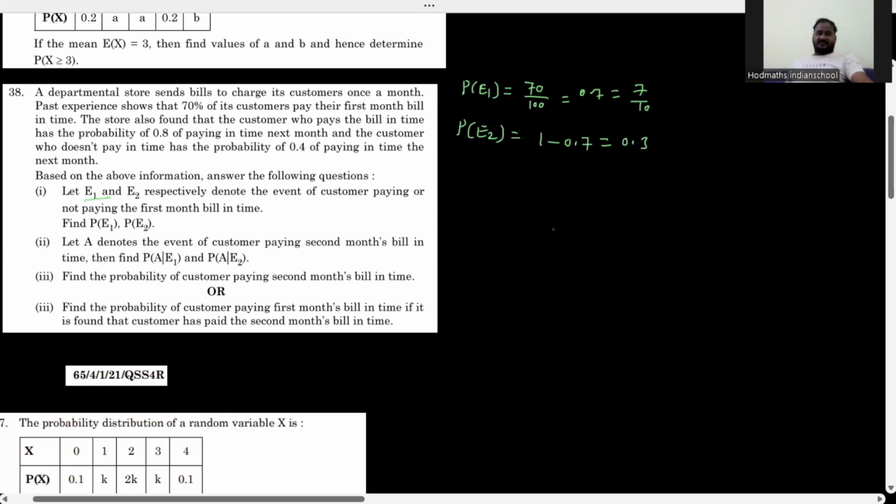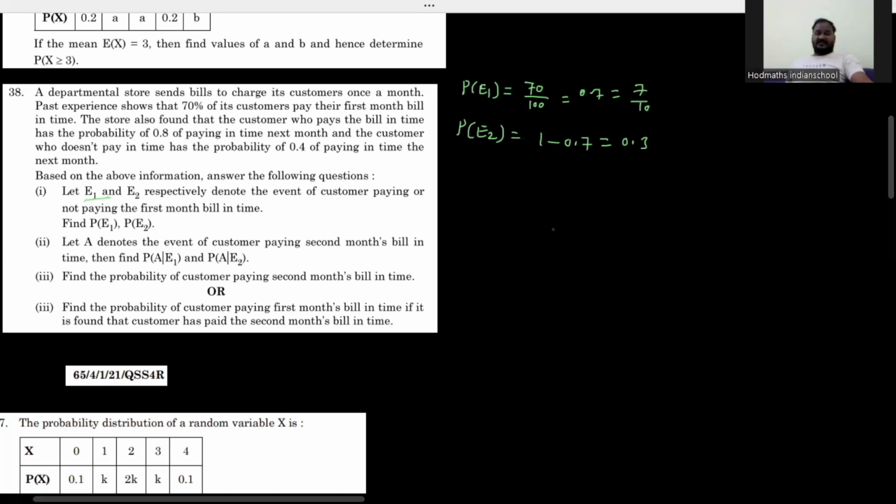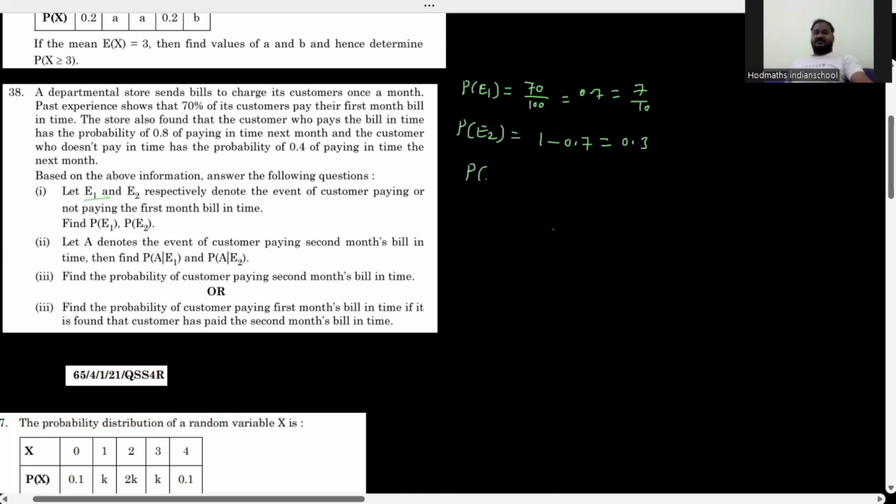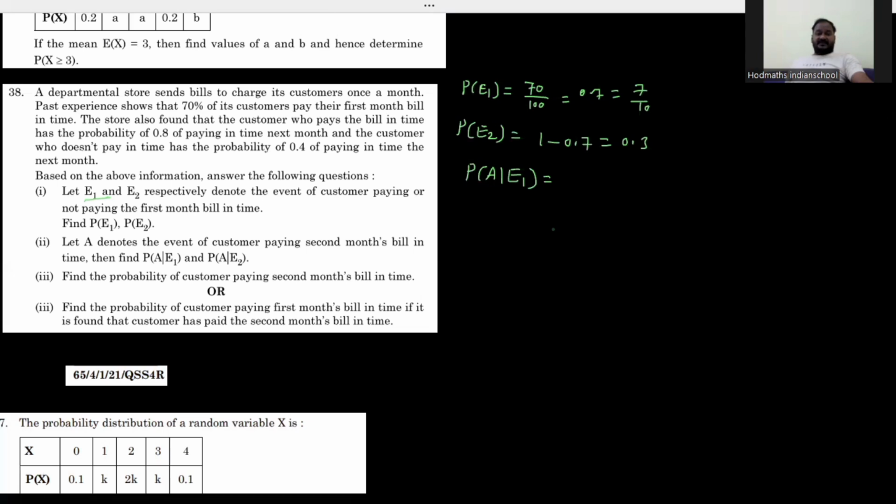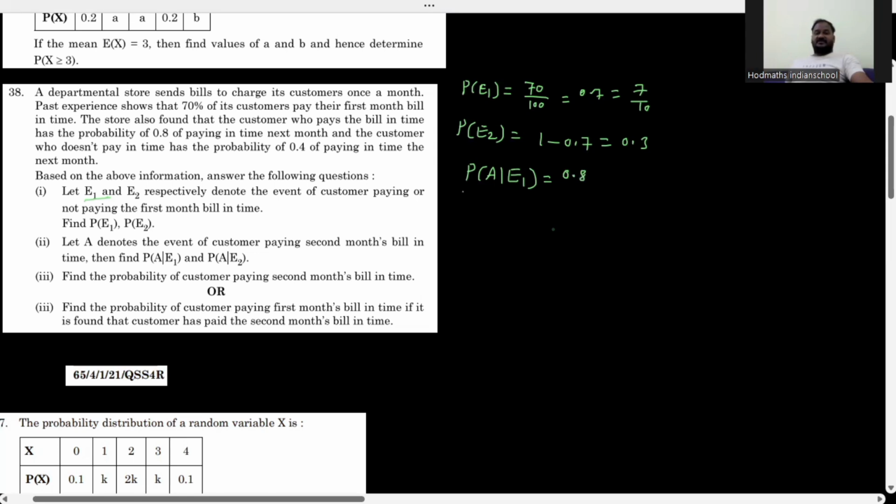And where A denotes the event of customer paying the second month's bill in time, what is the probability of A given E1? It was also given clearly in the problem itself. The customer who pays the bill in time has the probability of 0.8. So A given E1 is 0.8, and similarly, what is the probability of A given E2? A given E2 is given as 0.4.